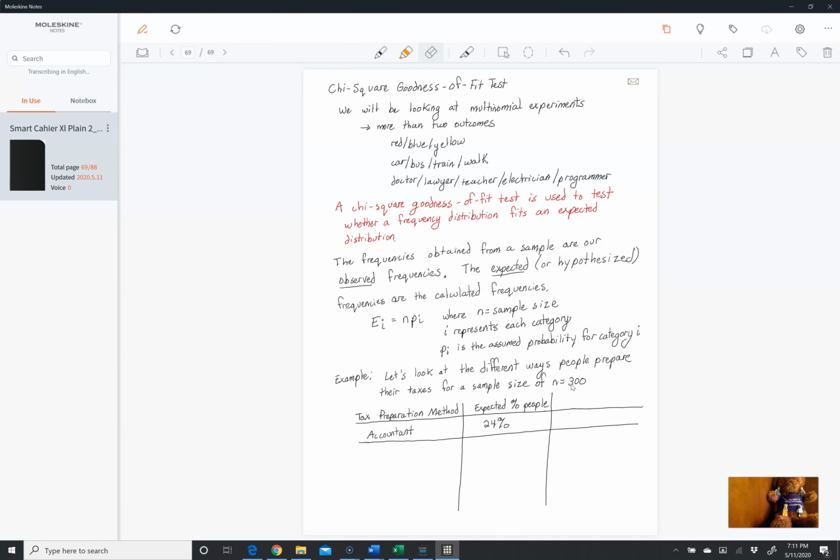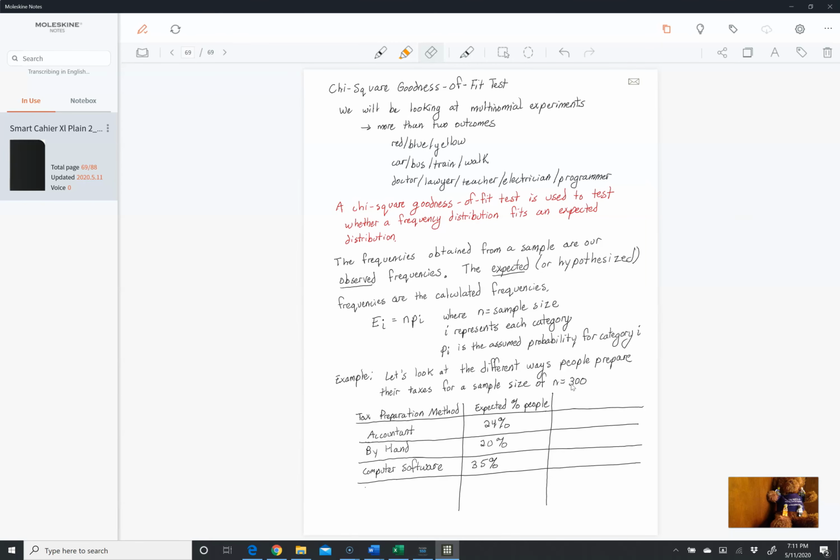Okay. We expect that 20% of people prepare their taxes by hand. They sit there with their forms and they calculate everything. We expect that 35% of people prepare their taxes using some sort of computer software. Okay.